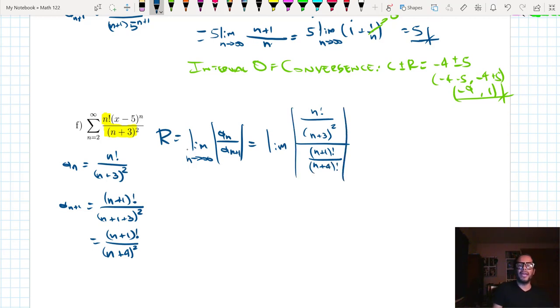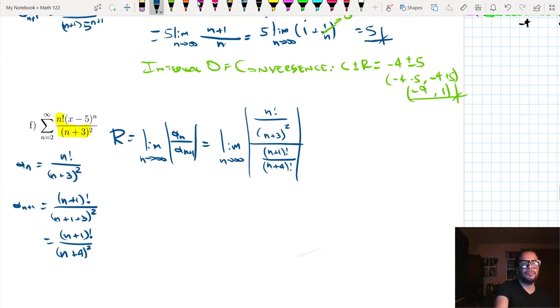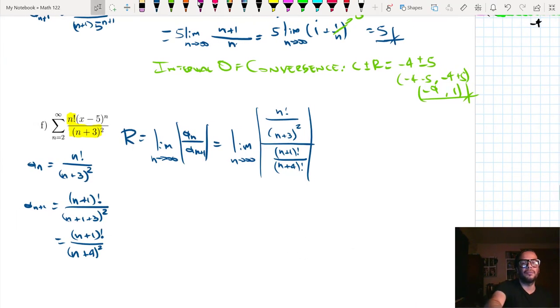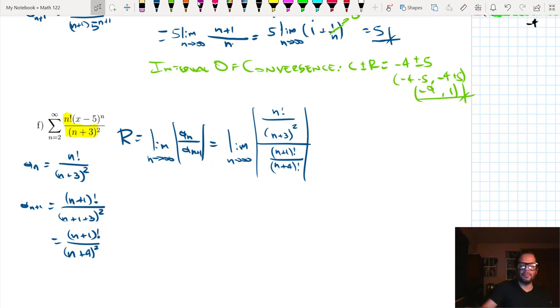Absolute value of that whole thing, n approaches infinity. What are we going to have? First of all, we can just get rid of the absolute value bars, because this is going to be positive.